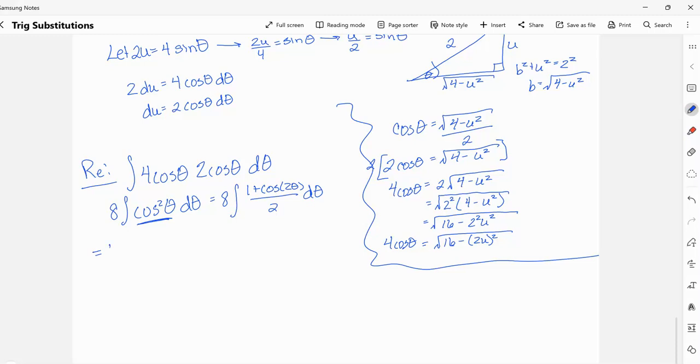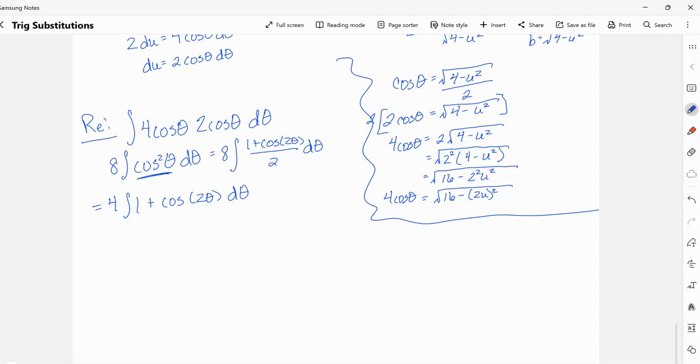Think about pulling that 1/2 out, reduces with the 8, gives me a 4. So I'm thinking about integrating. We would think about integrating each of these pieces separately. This is going to integrate to theta.